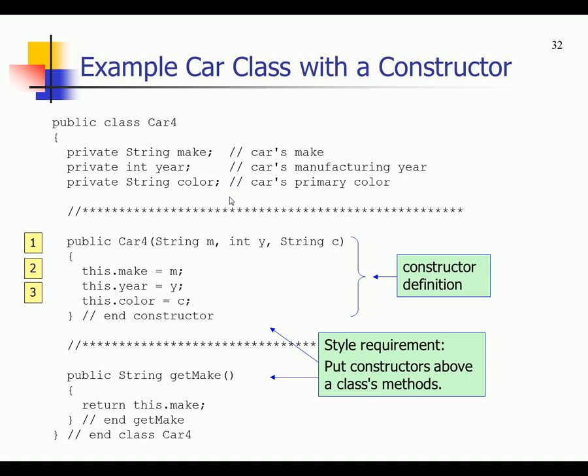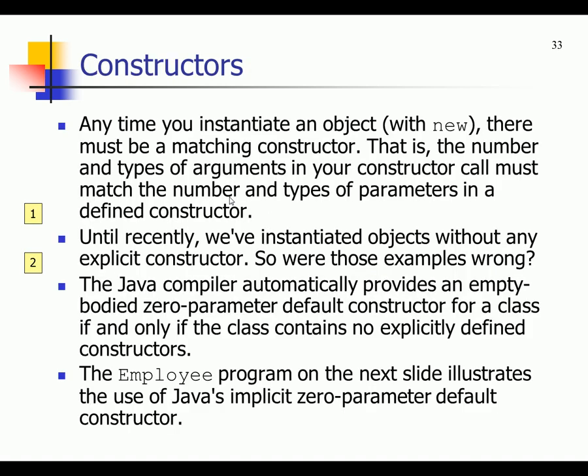If you don't specify any constructors at all, it'll automatically make a default constructor for you. But once you specify one, you need to put the rest in there if you need them. The number and types of arguments in the constructor call must match the number and types of parameters in the defined constructor. Until recently, we haven't specified any, and there's nothing wrong with that because it automatically creates the default constructor.